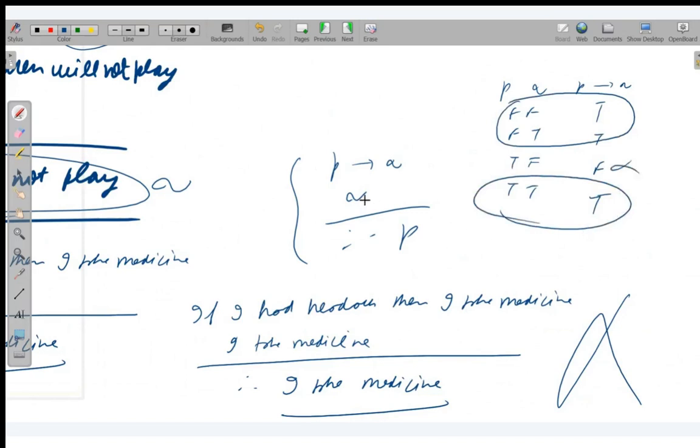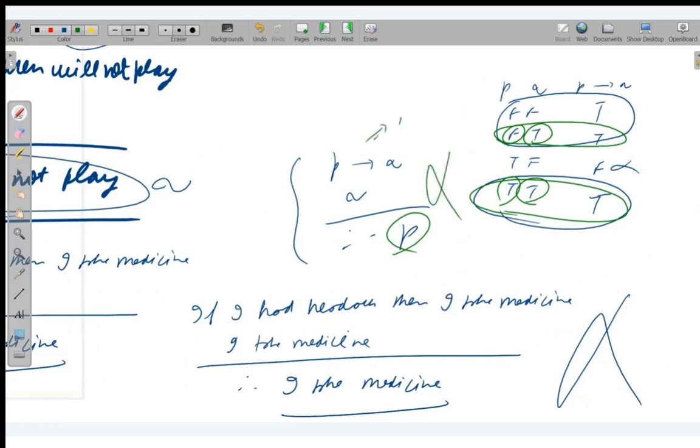Q is true I am taking. So I am talking about either this case or this case. Now when Q is true, P can be false or true. I cannot say P is true everywhere. Obviously this is wrong, and that's why we call it a fallacy.